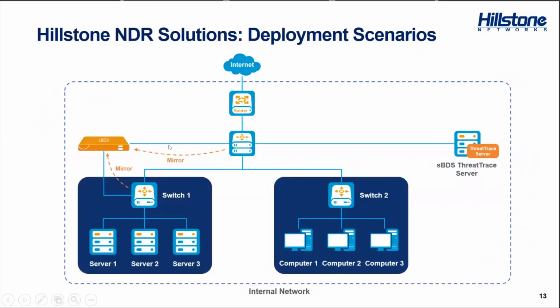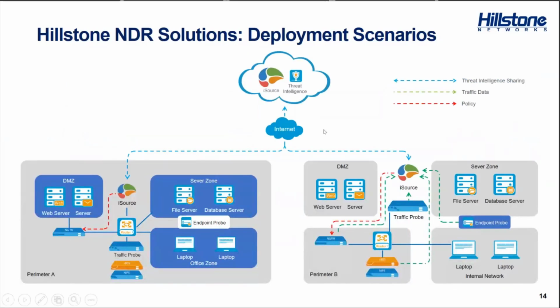And also we can deploy this near the upper layer switch here. So it's very flexible to deploy. You can also load this BDS inside the server itself. There are basically no hard limitations on where you can put it. This is the single product form factor.